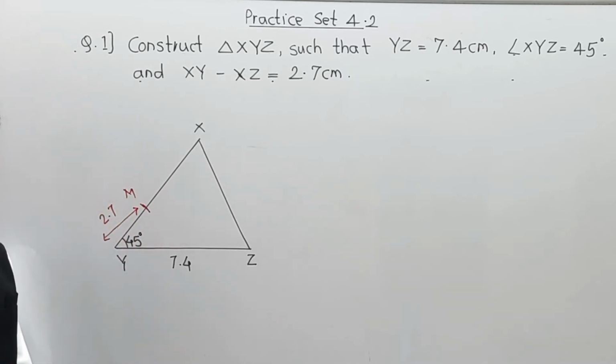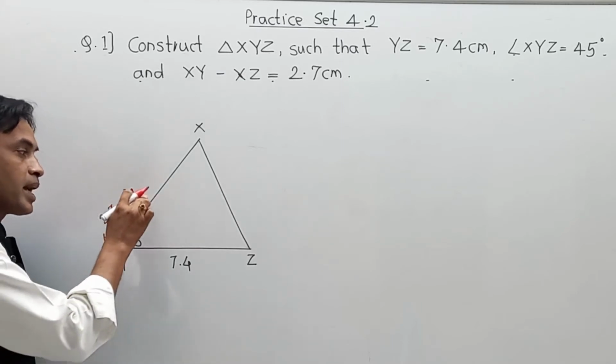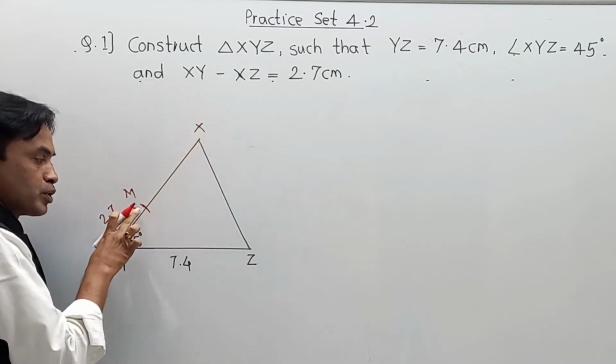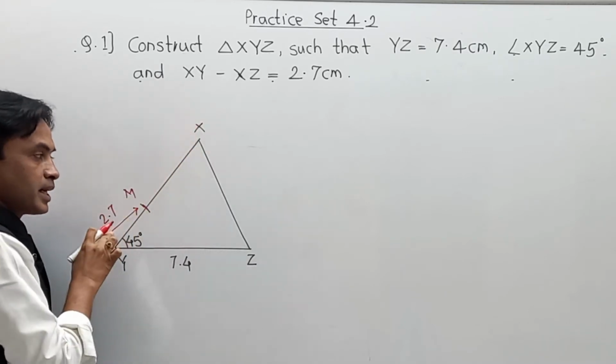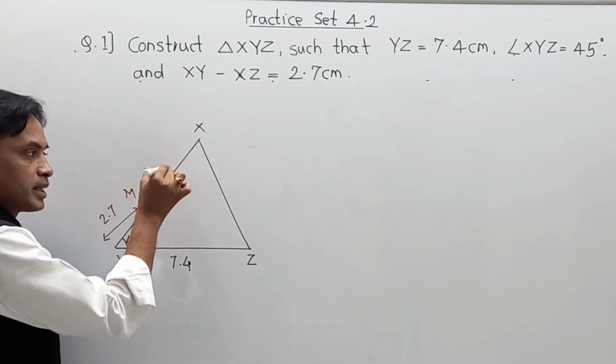Now what exactly is the point here? If the distance YM becomes 2.7 centimeter, naturally, if I reduce 2.7 from this side, XM and XZ become equal in length.